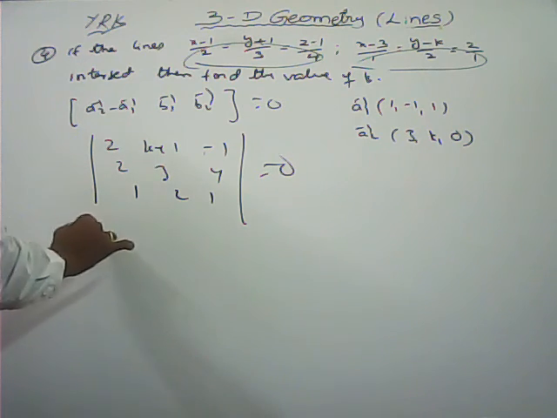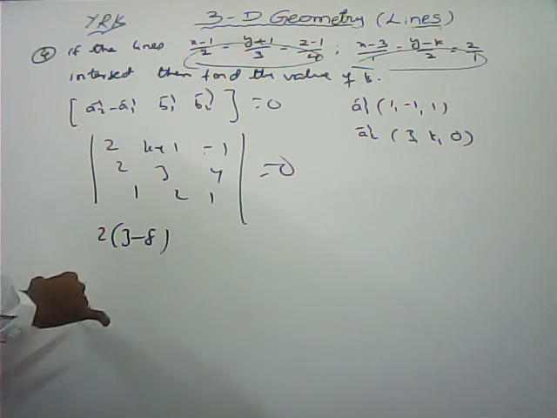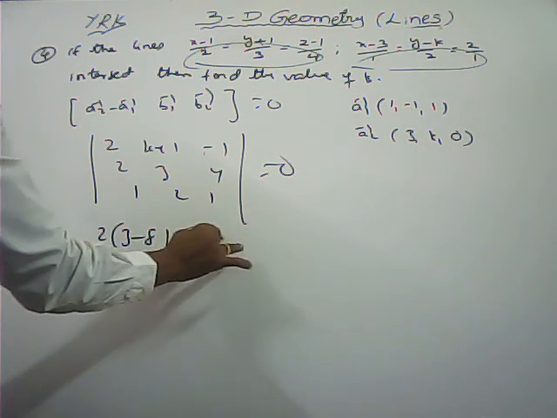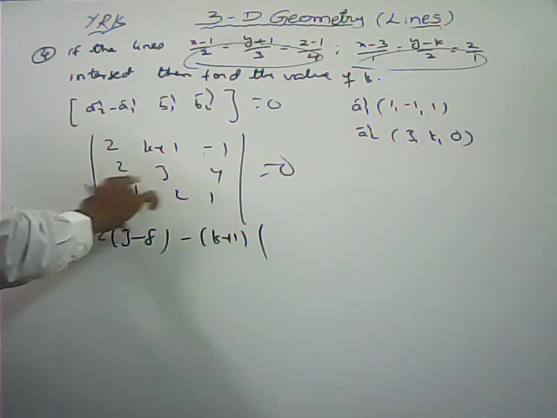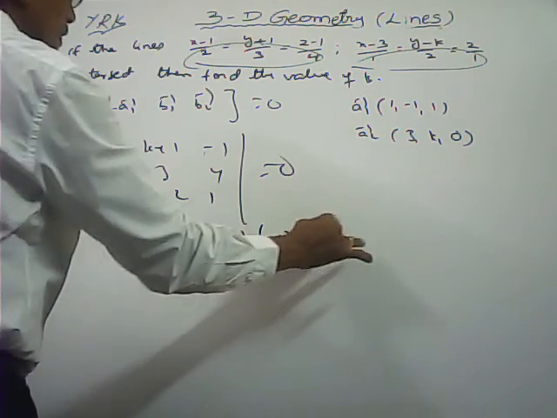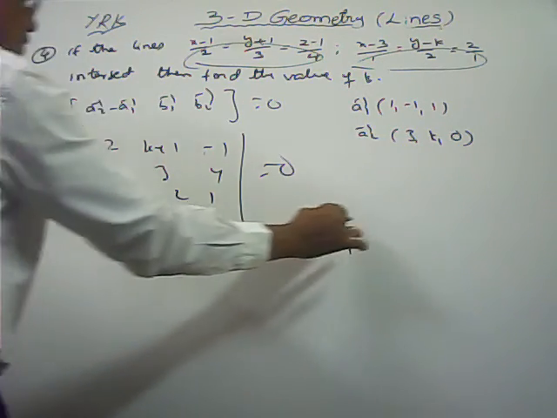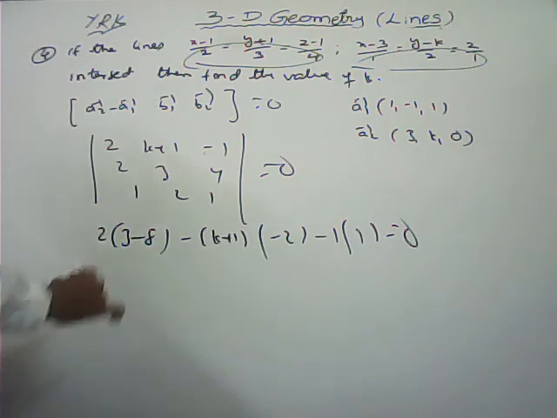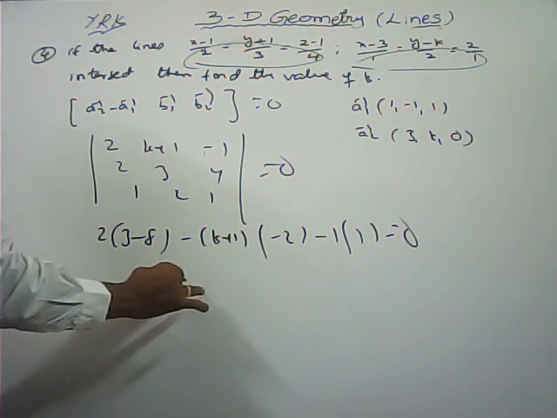Now you can expand this one. 2 into 3 minus 8, minus of k plus 1 into 2 minus 4, that is minus 2, minus 1 into 4 minus 3, that is 1, that is equal to 0. Here minus 5, that is minus 10.